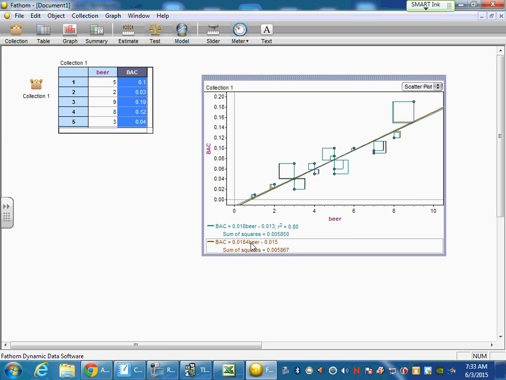And the least squares line is 0.05850, which is just a tiny bit smaller from what I figured out just by playing around with it. So this is actually the least squares regression line. And notice how they use the variables, the blood alcohol content, how they predict it based on beer levels.